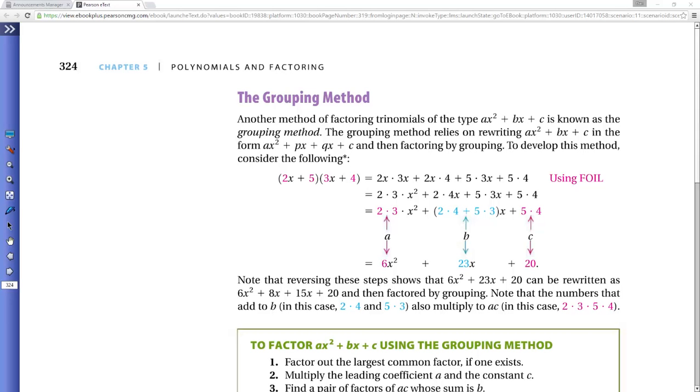Chapter 5, the second part of Section 3, the grouping method. I wish they would show a couple more examples about this.